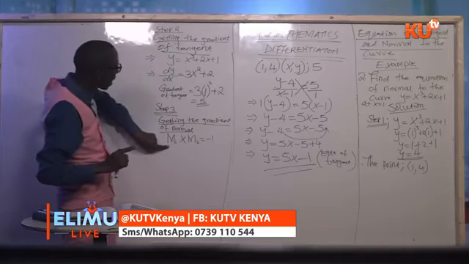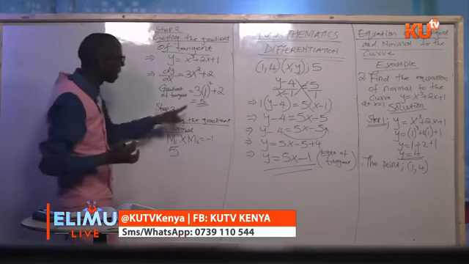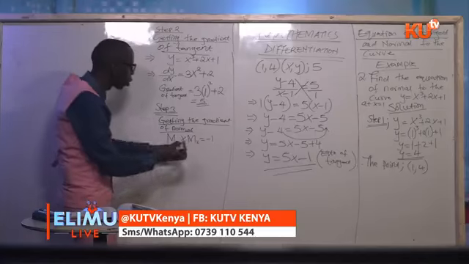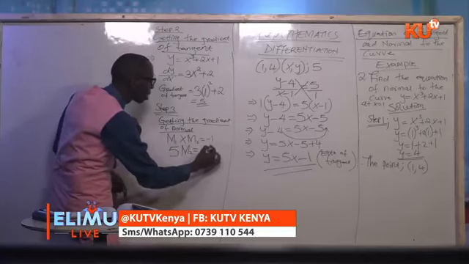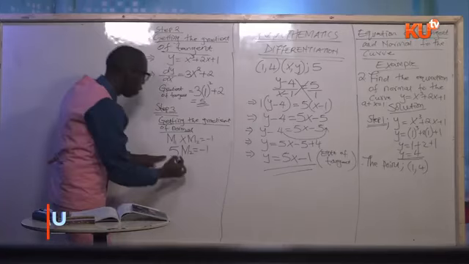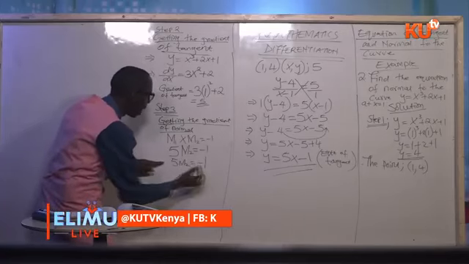So now the gradient of the tangent, that is 5, multiplied by the gradient of the normal that we don't know, we call it m2, is equal to -1. So 5 m2 is equal to -1.